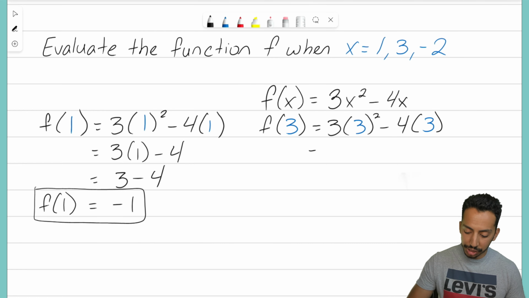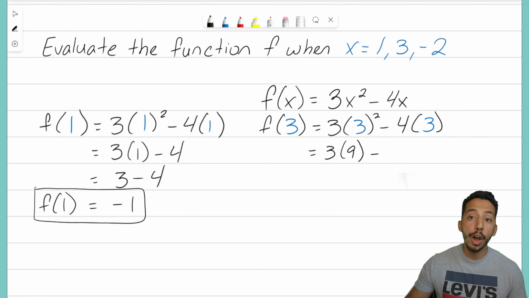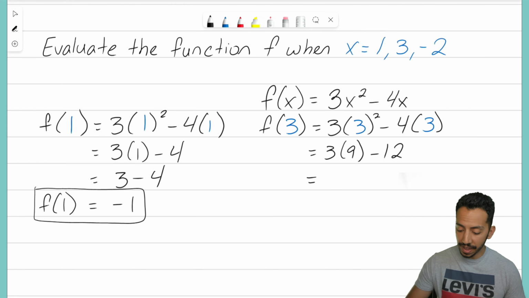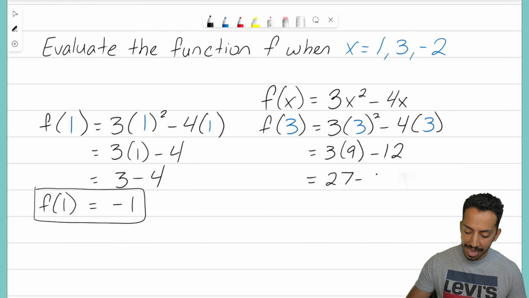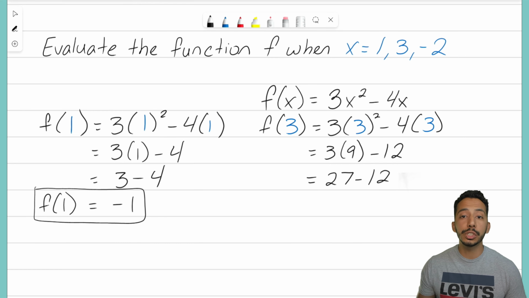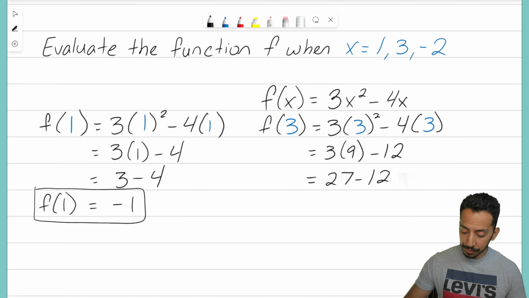Start with order of operations one more time. 3 squared is going to give us a value of 9. 4 times 3 equals 12. We're doing really good. 3 times 9 is going to give us a value of 27. And last but not least, what's 27 take away 12? I believe that's going to give us an answer of 15.